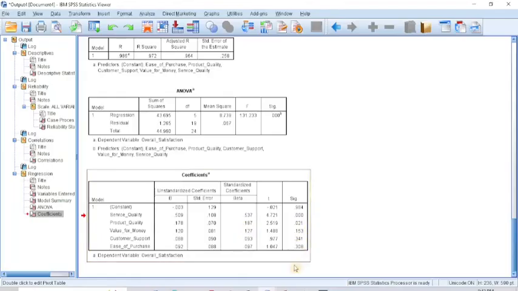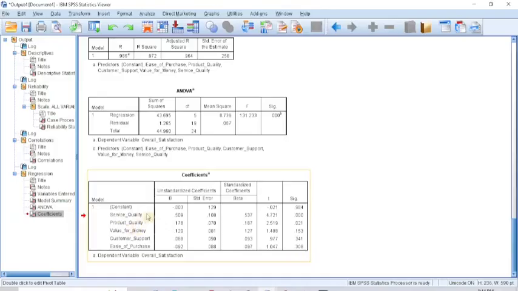The p-value of the two variables is less than 0.05, while other variables have low beta coefficients and p-value greater than 0.05. This means that service quality and product quality are the two variables that have strong positive influence that significantly predict overall satisfaction.